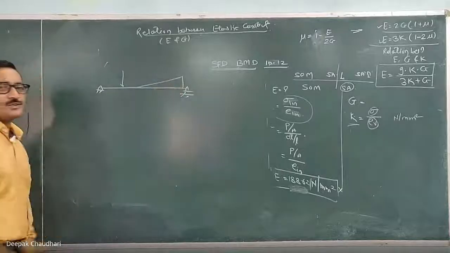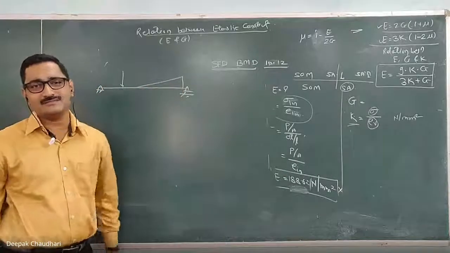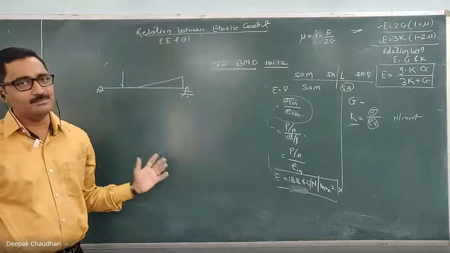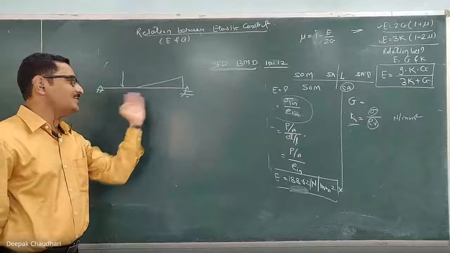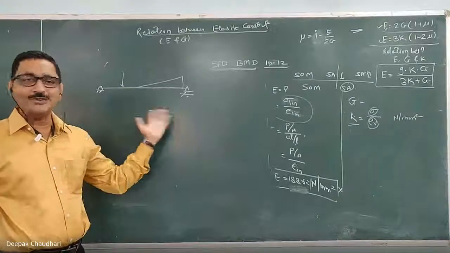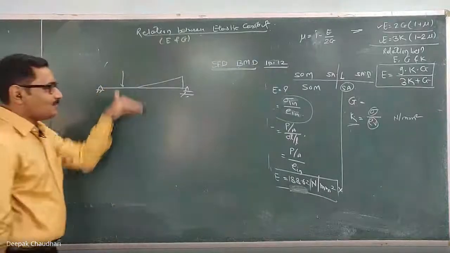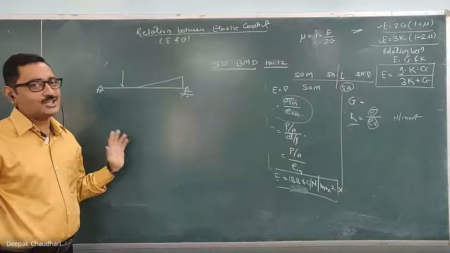Draw the shear force and bending moment. For civil students you can consider it as a beam, for mechanical students as a shaft. For designing the beam and shaft, we need to draw the shear force and bending moment.